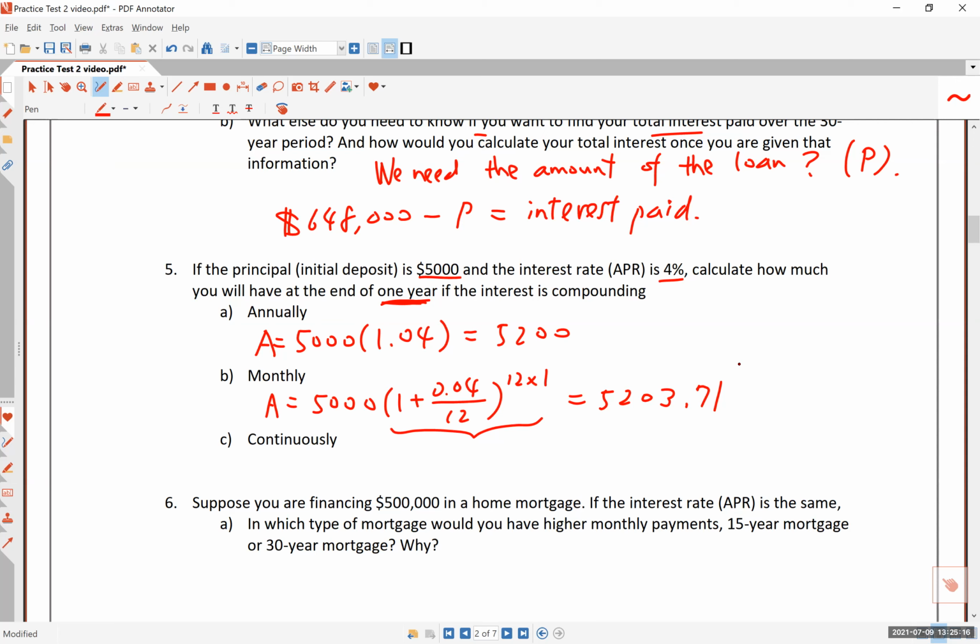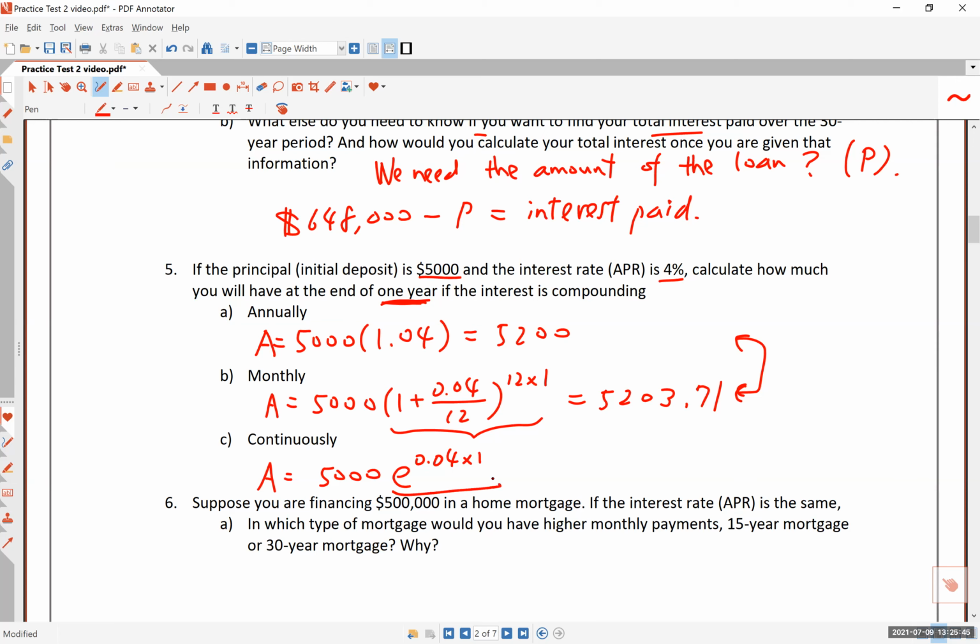And by the way, the difference is very little, and that's because you only have 1 year as your term. If it's 30 years or 50 years, the difference would be rather significant. Continuous compounding, this is 5,000 times E, remember, and the exponent to E is 0.04, that's your R, the APR, times the number of years, which is of course 1, right?